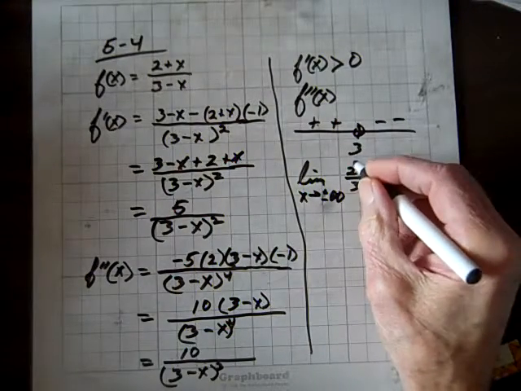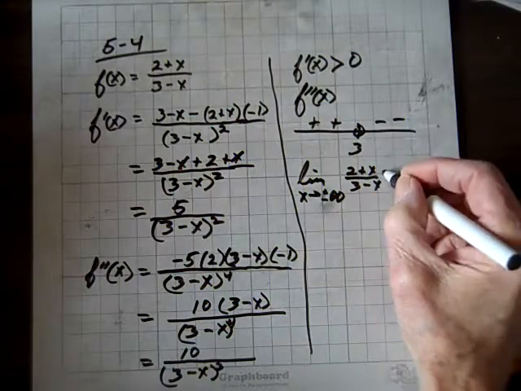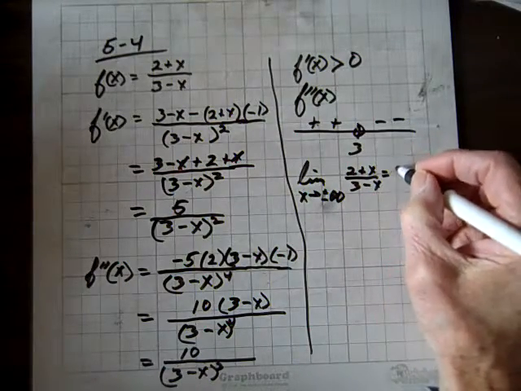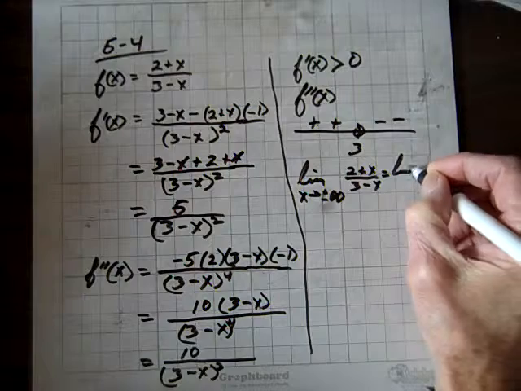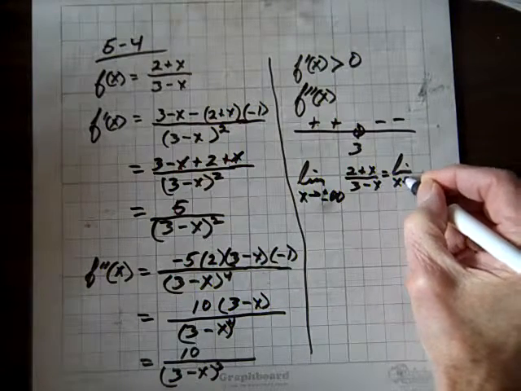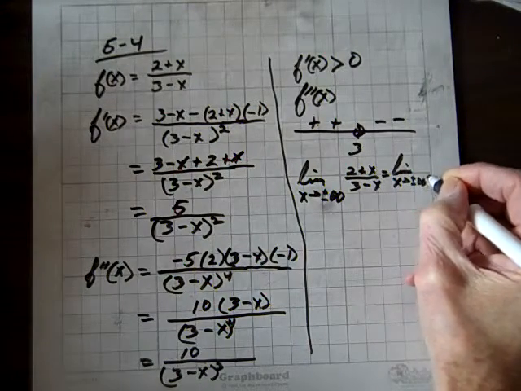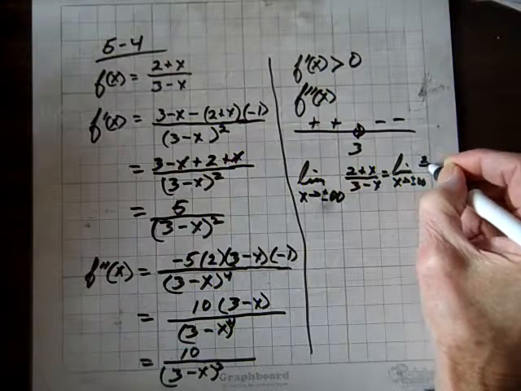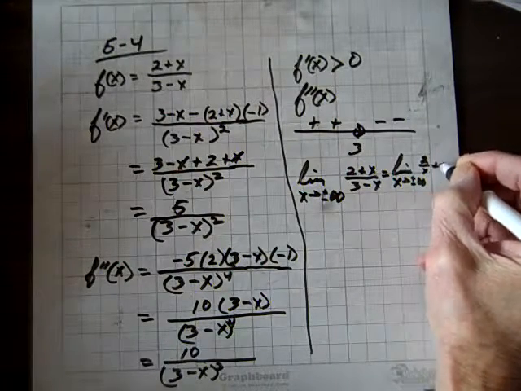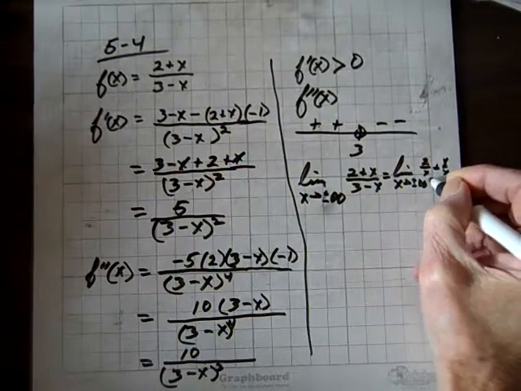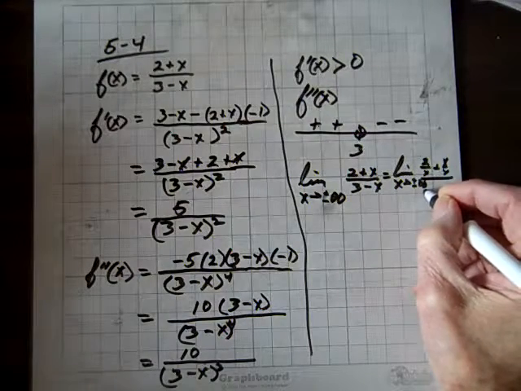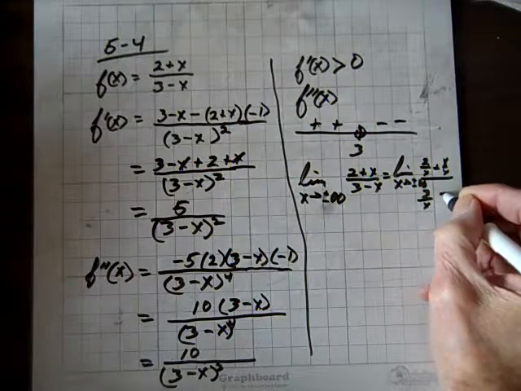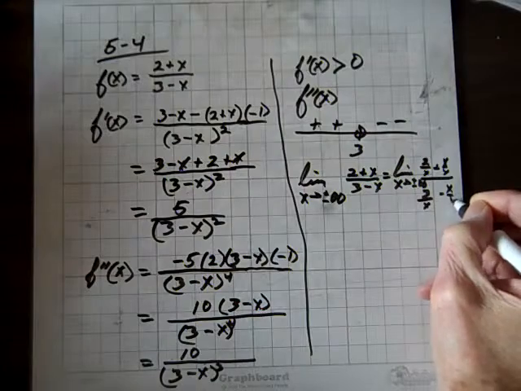And if we divide every term here by x, we've got the limit as x goes to plus or minus infinity of 2 over x plus x over x divided by 3 over x minus x over x.